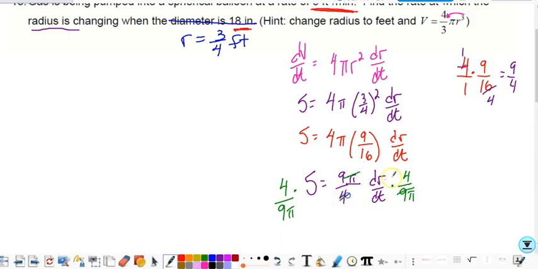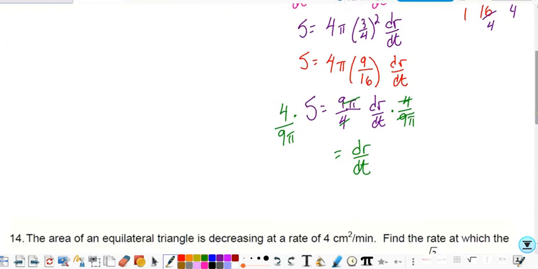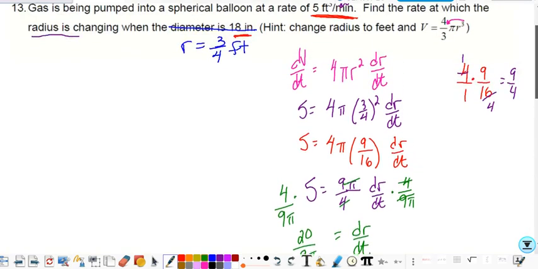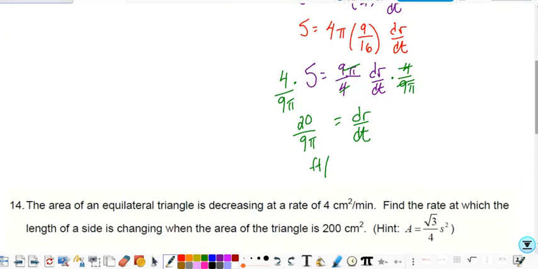This divides to 1, this divides to 1. I'm left with my dr/dt. So we got 20 over 9 pi feet per, what is this one? Minute. Feet per minute.